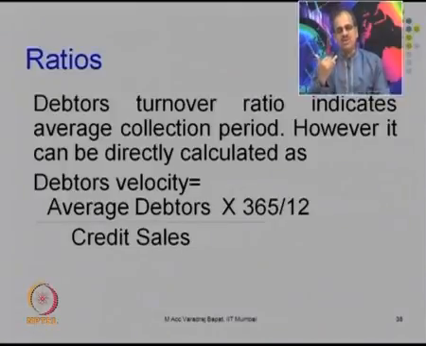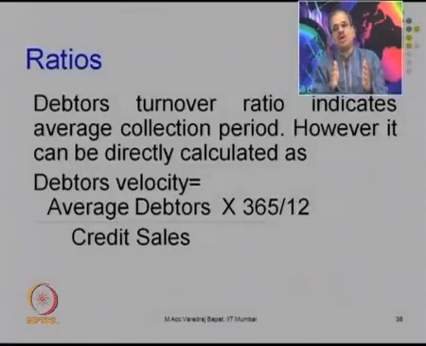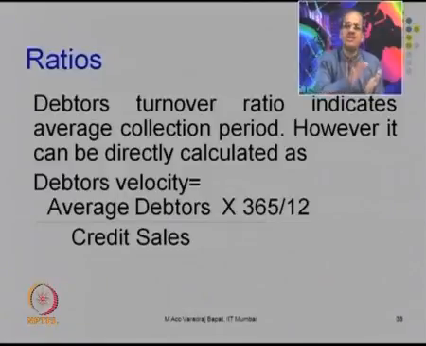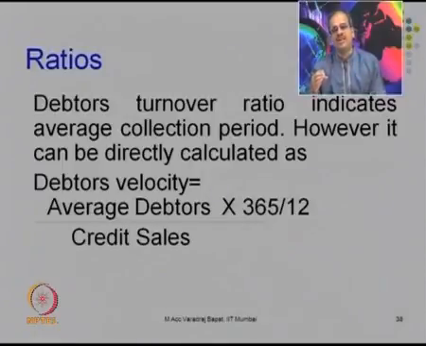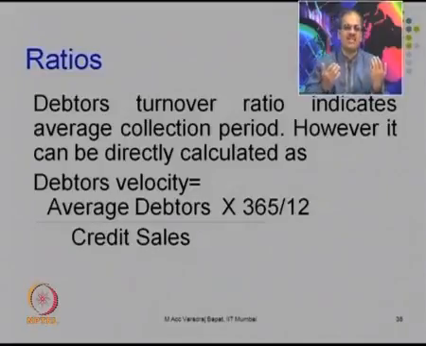So, what it tries to do is, we try to find how many days of receivables an entity has. Again we will try to see how it compares with the policy, and every entity will try to reduce the debtors velocity, because the company wants to recover the debts or the receivables as fast as possible.